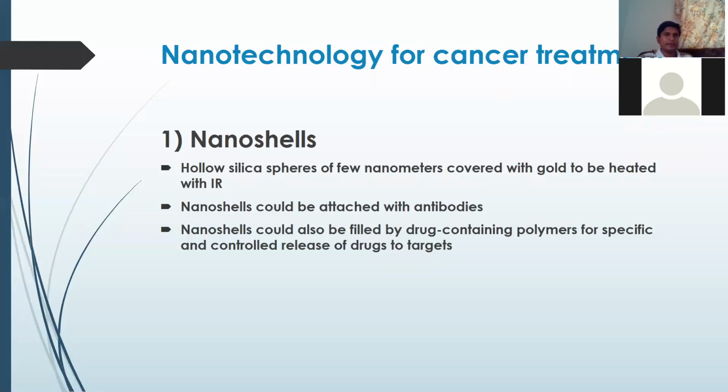This is a common strategy to use antibodies to treat diseases. So we can attach antibodies to these nanoshells, and then the nanoshells would, very specifically and in a controlled fashion, release the antibodies only to the targeted sites. Ultimately, the cancer tumors could be treated by releasing these antibodies to the targeted sites.